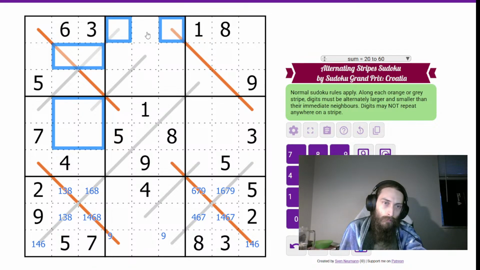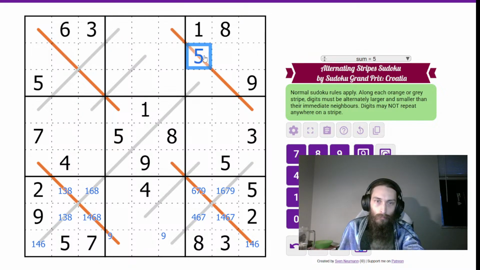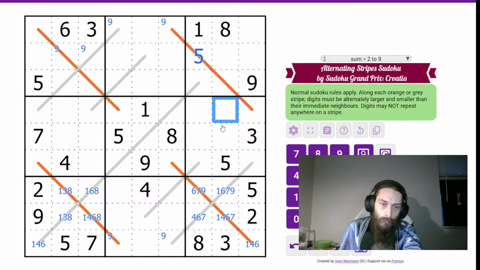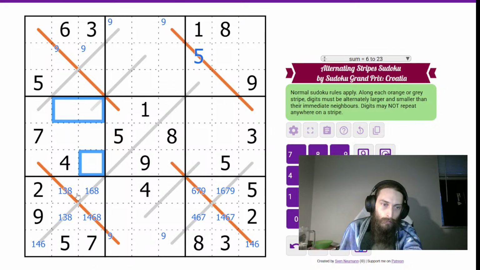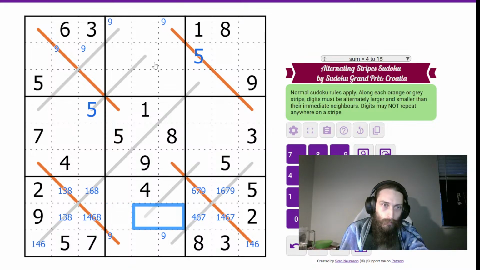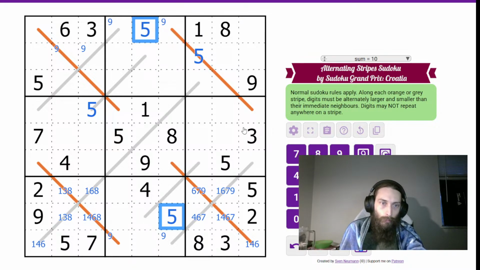Five is placeable in box 3. And in box 4. Oh, it can't repeat. So those have to both be 5.